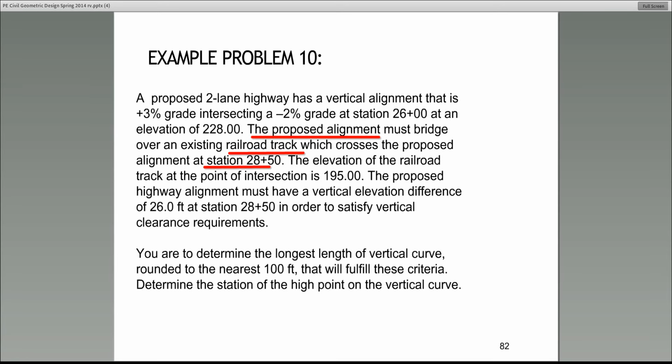So far, so good. However, pay attention to the next line. The next sentence says the elevation of the railroad track at the point of intersection is 195.